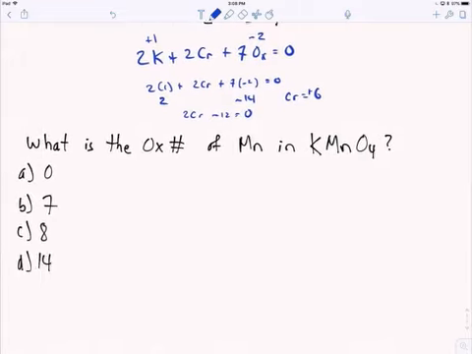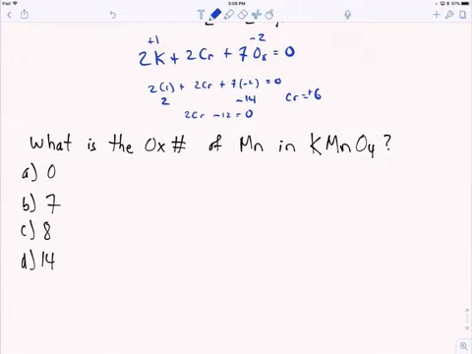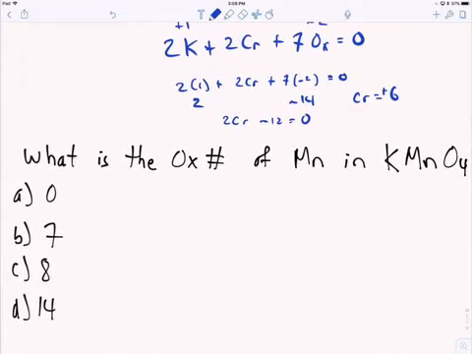Okay, so let's see if you follow it. What is the oxidation number of manganese in potassium permanganate? And I'll give you a hint. Potassium is +1, oxygen is -2.